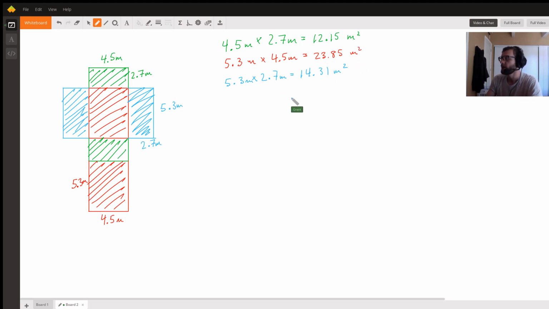Since all the units are the same, they're all meters squared, we can add them together. We'll take 2 times 14.31, and you can see we got two green rectangles, so we'll take 2 times our green, 12.15, plus we have two red rectangles, so 2 times 23.85.